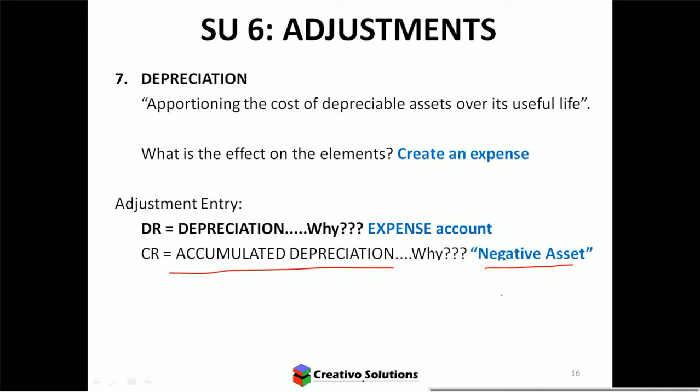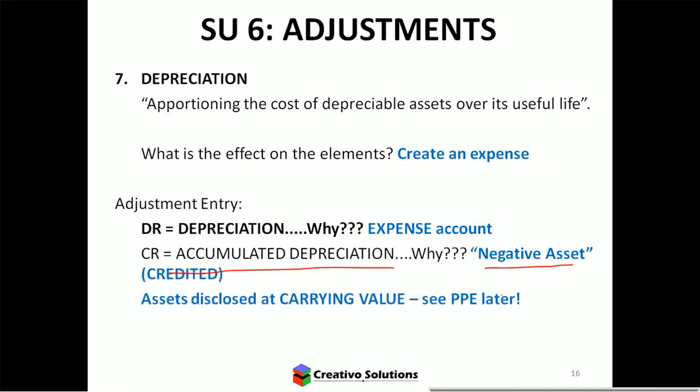But will the value of the asset change? Yes, it decreases the more I use it. So credit the accumulated depreciation because it affects the carrying value of the asset.